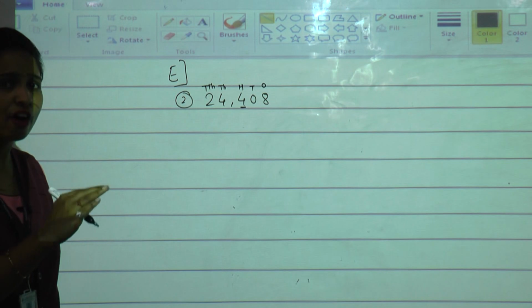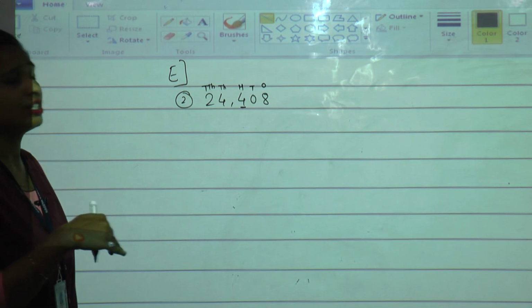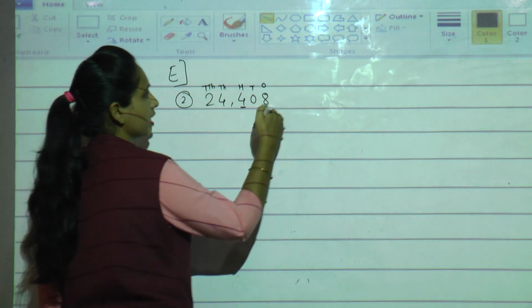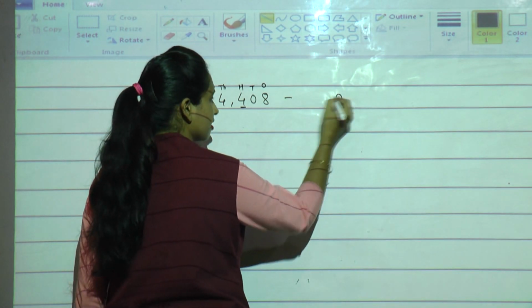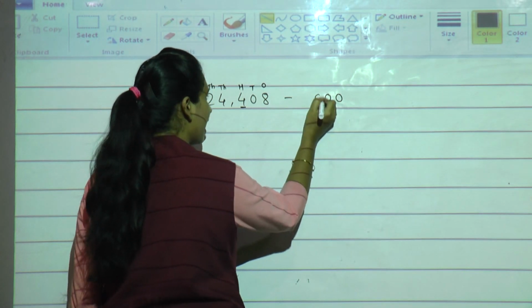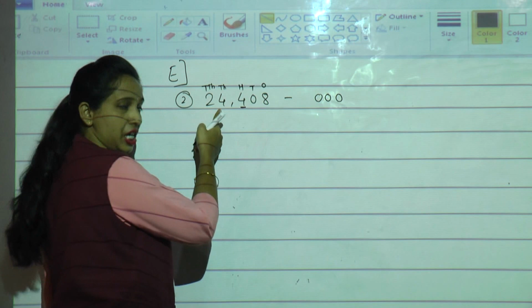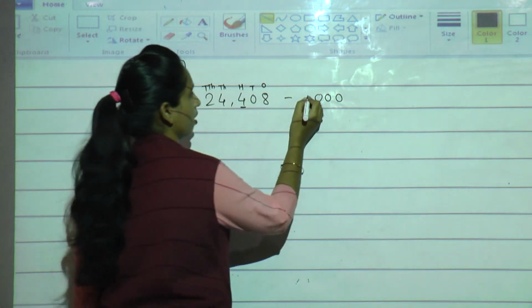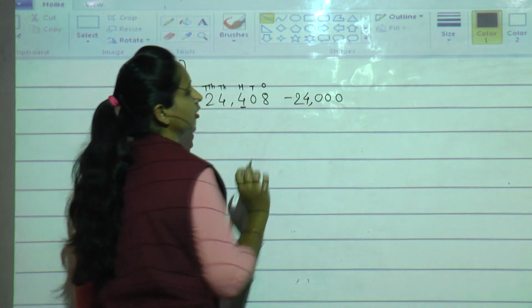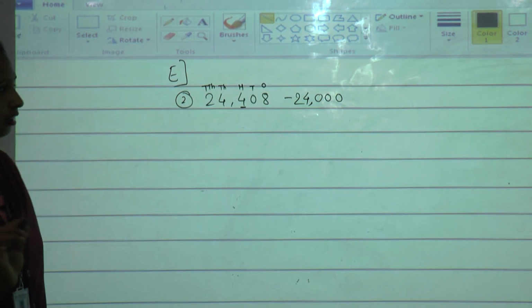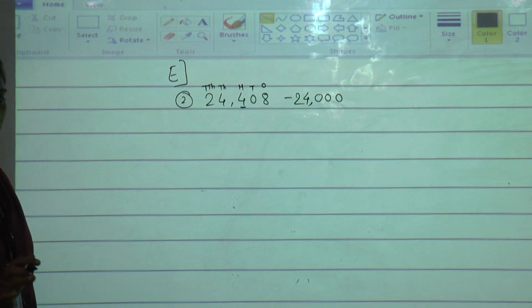If it is 4 or less than 4, just place zeros at the ones, tens and hundreds places without changing the thousands place. So I will not change anything. I will write it as it is. Got it? Easy? Very easy.